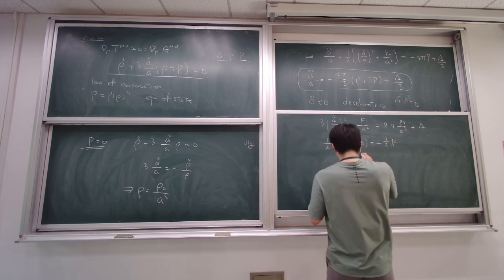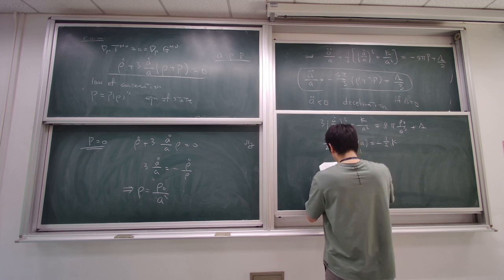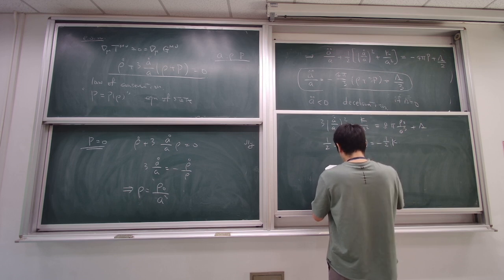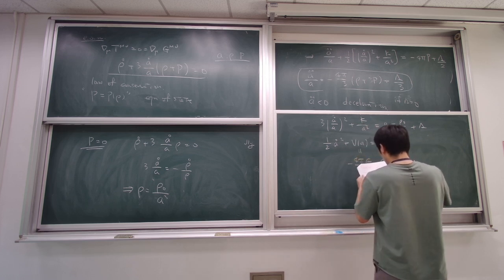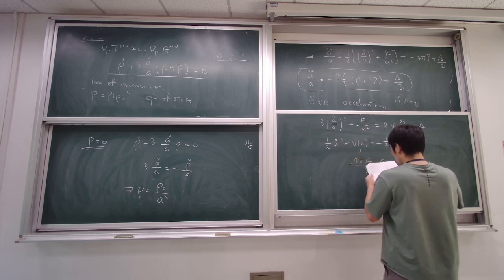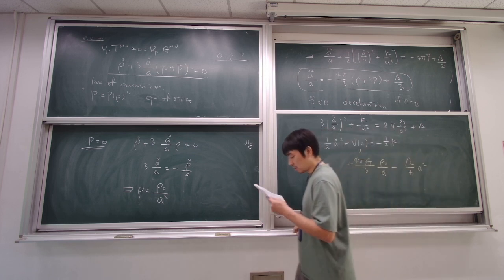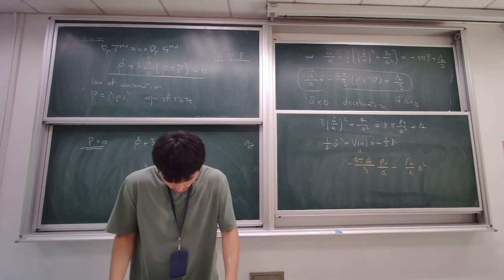This V of A is equal to minus 4 pi G over 3 rho 0 over A minus lambda over 6 A squared. Okay, so that's what's happening here.